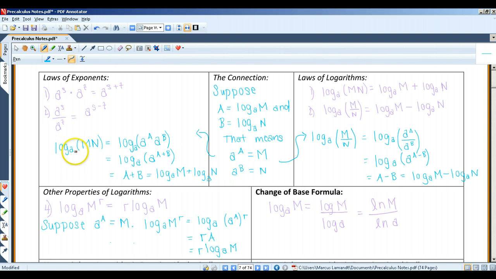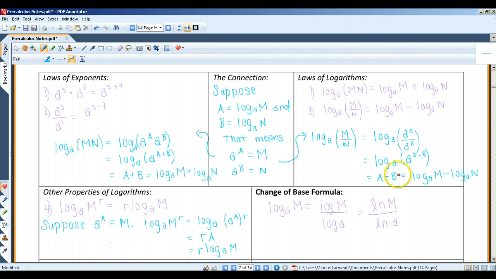So log base a of m times n equals log base a of a to the A times a to the B, substituting these two for m and n. The laws of exponents state that you can just add A and B together. And the laws of logs state that you can cancel out log base a and a here, which leaves you with A plus B, which equals what we started with: log base a of m plus log base a of n.